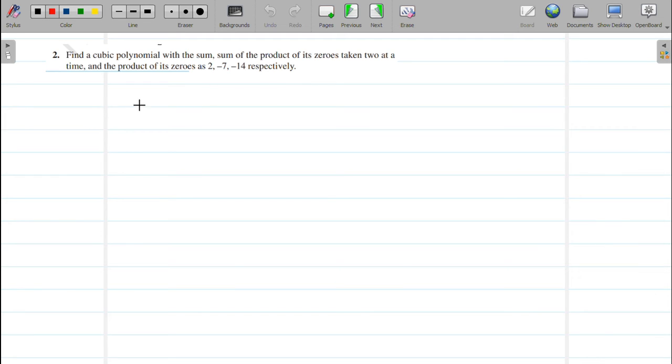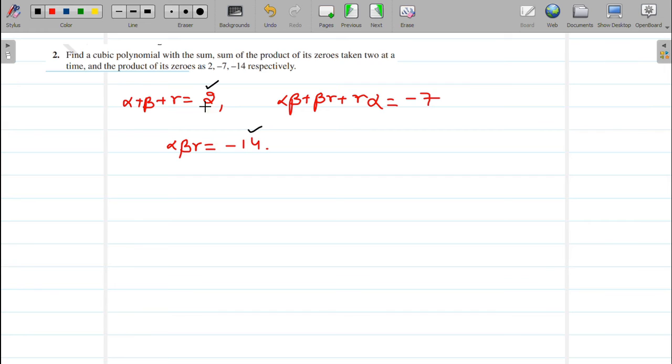So that means I have alpha plus beta plus gamma given to be 2, alpha beta plus beta gamma plus gamma alpha given to be minus 7, and alpha beta gamma given to be minus 14.